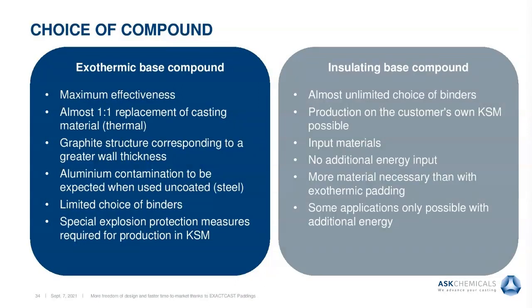That means if you put on exothermic material and you have a higher solidification time than a wall thickness normally should have, you need to consider that. But this is not only a threat, this is also a chance. In cases where you suffer from hard edges or white iron inclusions or something like that, this could also be a way of solving that.